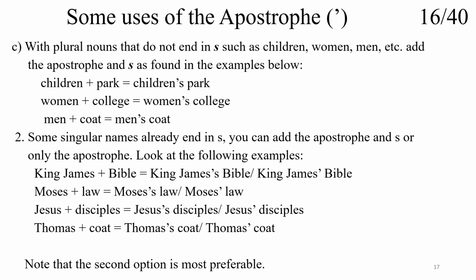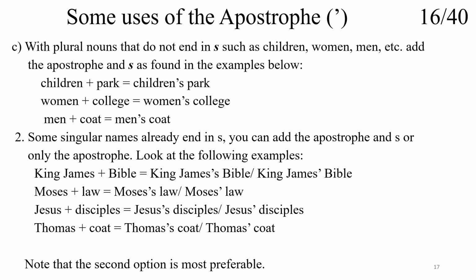Now we can also use the apostrophe with plural nouns that do not end in S. Where do we place the apostrophe? We have examples like children, women, men, etc. They don't end in S. So what do we do? Just add the apostrophe and S before the thing that they own.